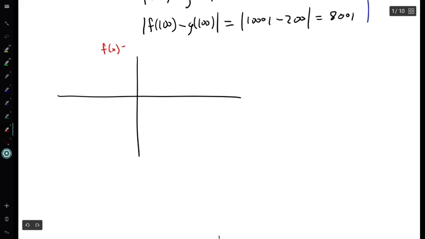So f of x is x squared plus 1, which we know is an upwards facing parabola, and it has y-intercept and vertex at the point 0, 1. We also have the function g of x equals 2x, which we know to be a line. It's a line with slope 2 and y-intercept 1.